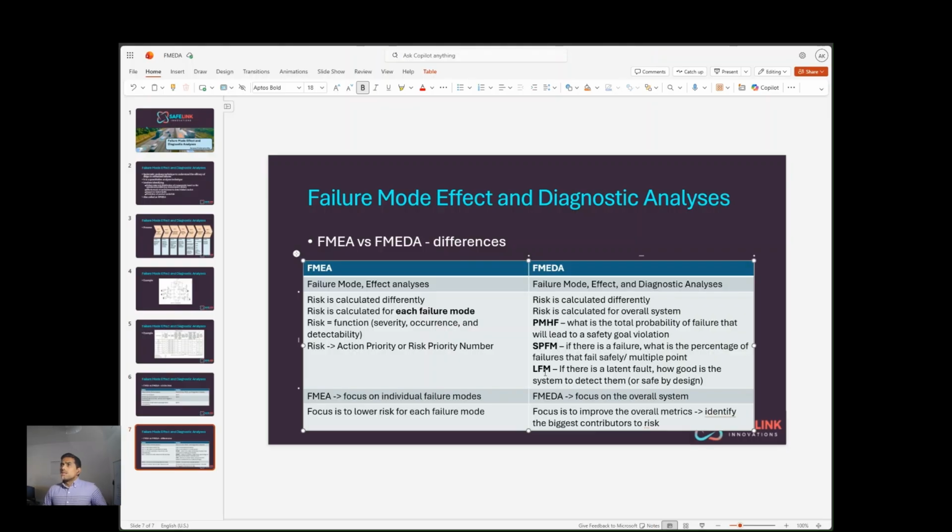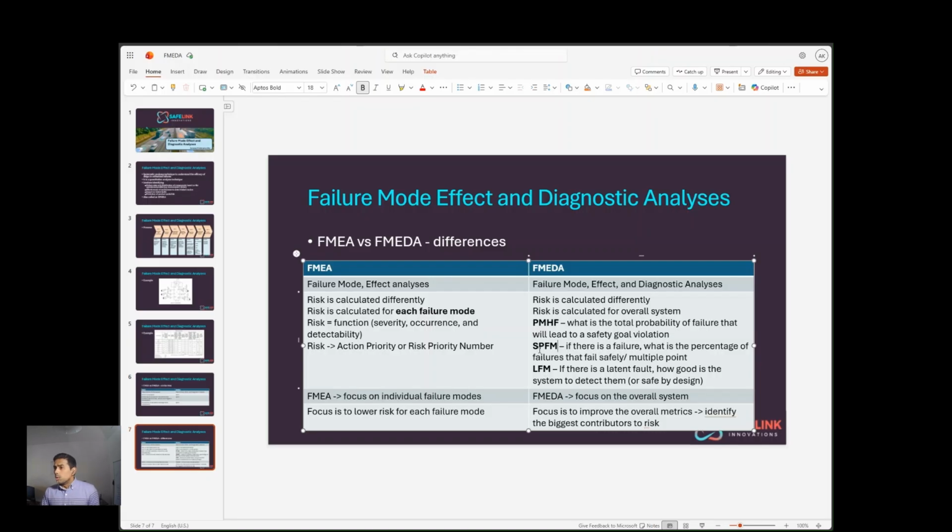So if you have 100 multiple point and latent faults, how many of those are detectable and safe? A high percentage of detectable multiple point and safe faults would mean if something goes wrong, it can be detected. So that is the idea behind the SPFM and LFM.